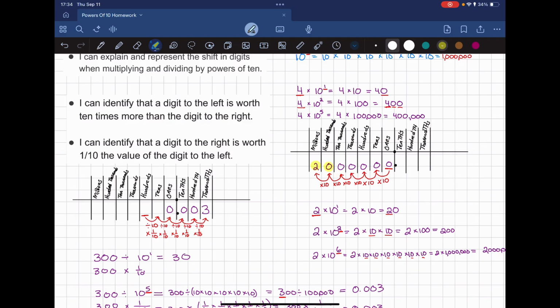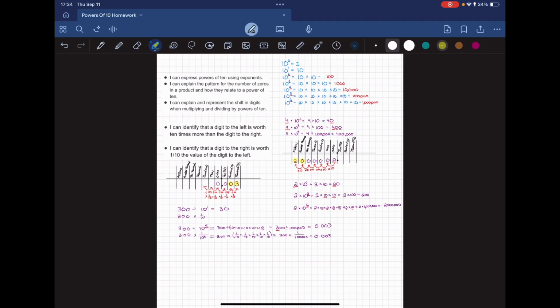And they should also be able to identify that a digit to the right is worth 1/10 of the value of the digit to the left. I hope this helps. Now we can move on to the homework. That'll be in a separate video.